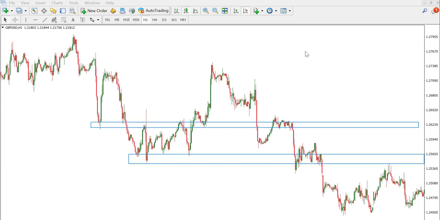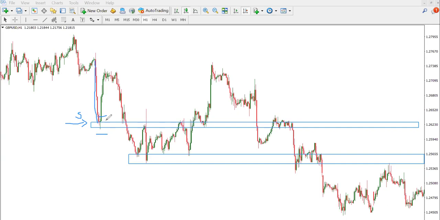So we see here we have a level of support and resistance. That's our area. As price approaches the level of support, we buy here.